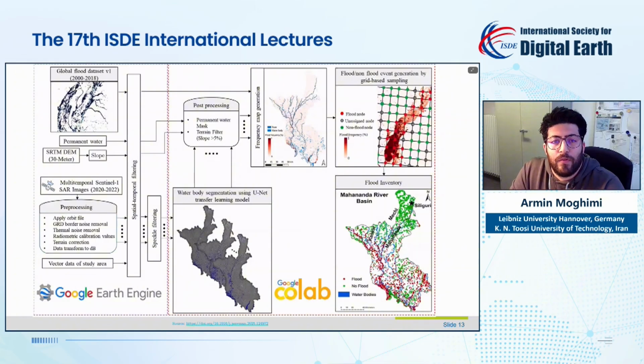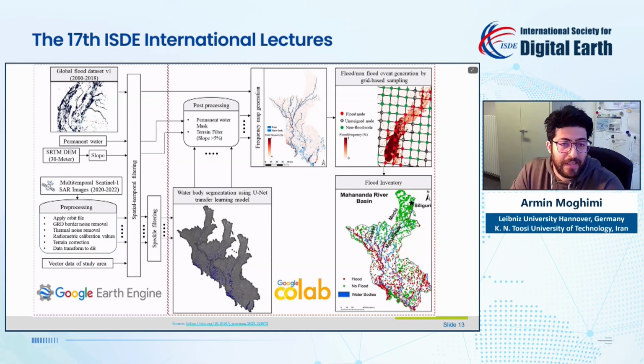Here we see the workflow of our AI-driven method for flood inventory mapping. This process begins with data preparation. This includes pre-processing of the Sentinel-1 SAR imagery and importing auxiliary data like the digital elevation model, permanent water layer, and global flood dataset for a study area. Next, instead of traditional thresholding, we use a deep learning segmentation model. In this case, we use transfer learning of the U-Net to detect flooded areas from the SAR image time series.